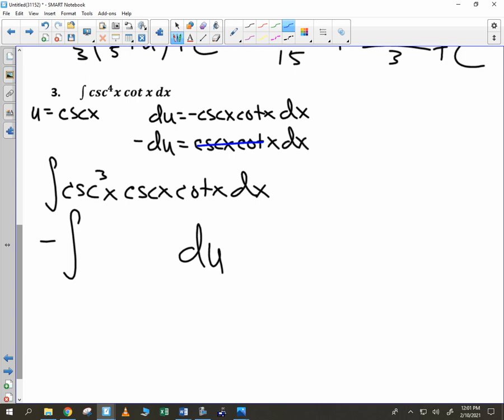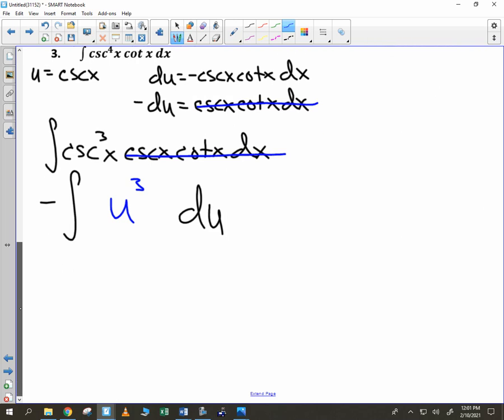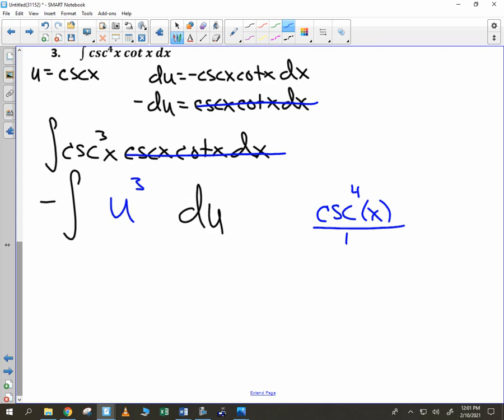That thing takes that thing away, right? Great. What remains? U to the third. What's the antiderivative of u to the third? U to the fourth, or cosecant to the fourth over 4, plus my constant.